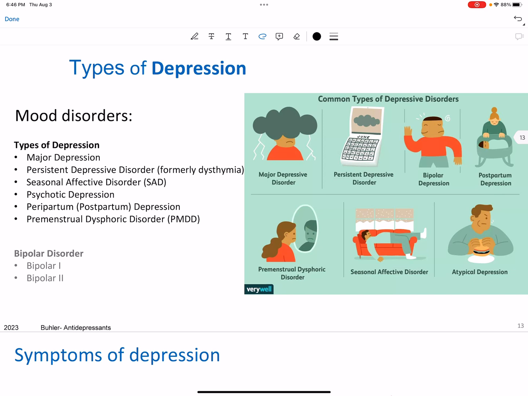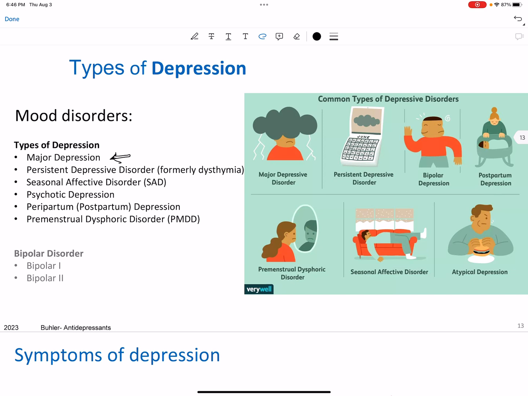So the types of depression we have are major depression, which just sticks with you all the time. It's a depression that's not caused by anything. It's just there, over a long period of time, and it takes you out and really impacts and impairs your life.